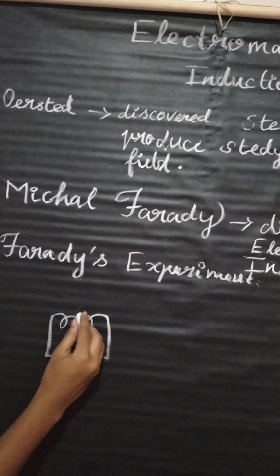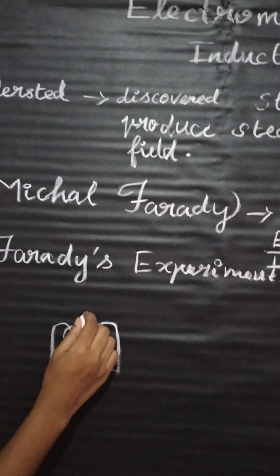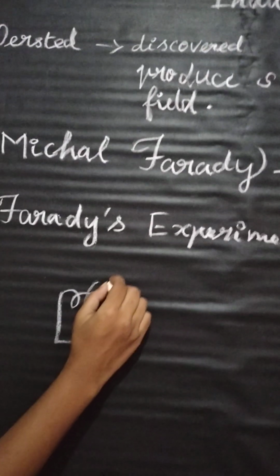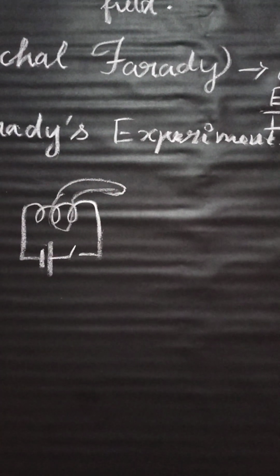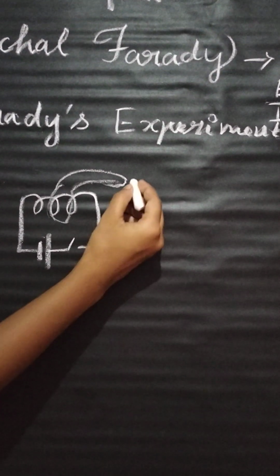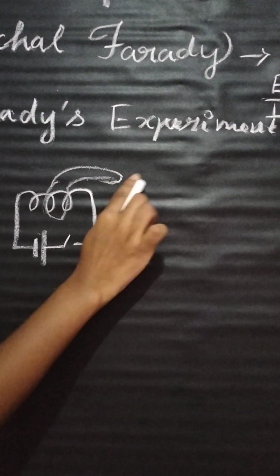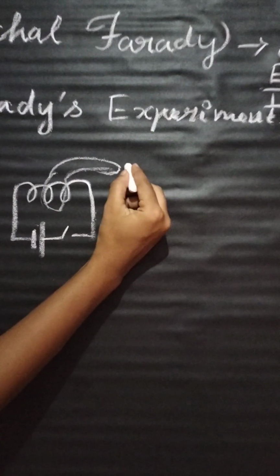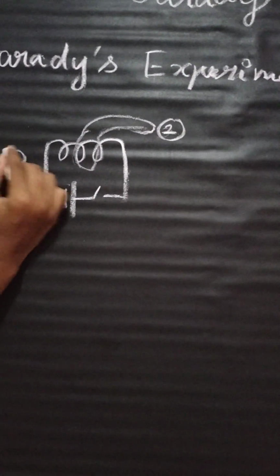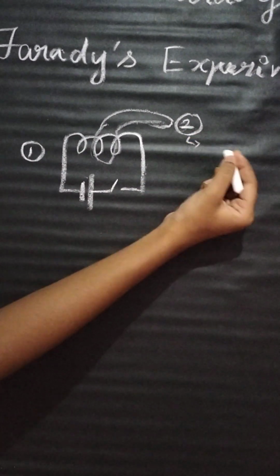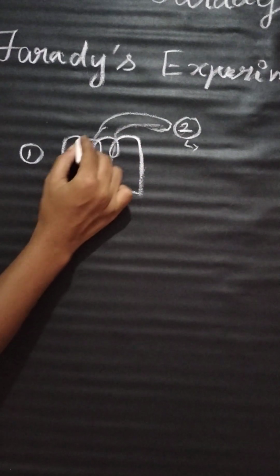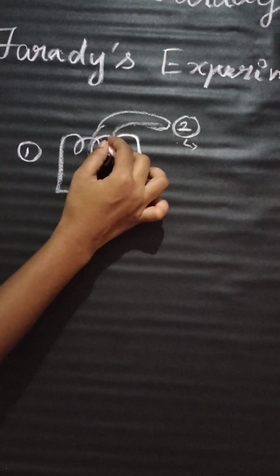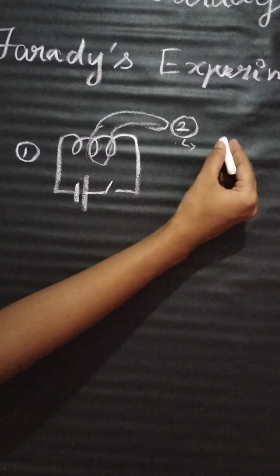Now he made a closed loop to the solenoid. Now he considered loop 2 and loop 1. Loop 2 is the loop around the solenoid wire.